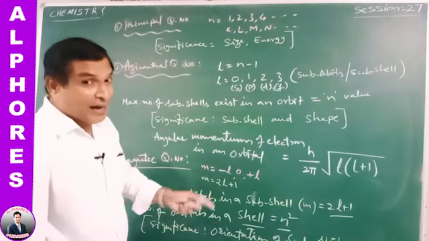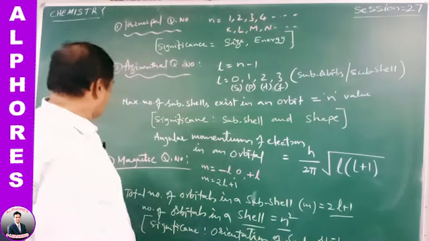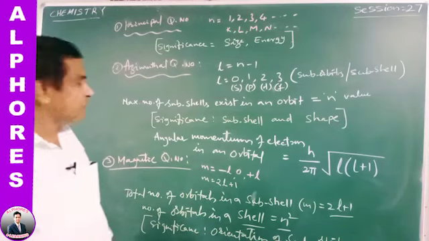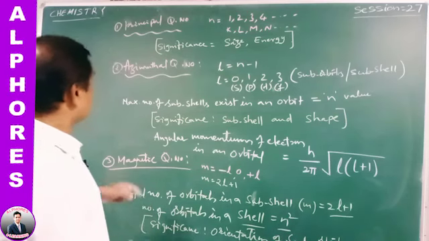The orientation values represent orbitals. That is the magnetic quantum number. It is very simple and very interesting.